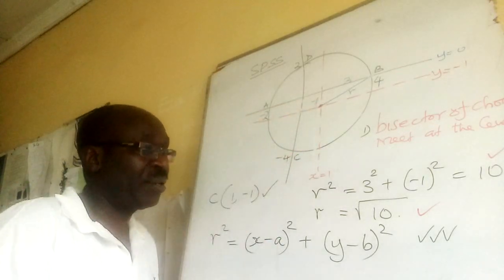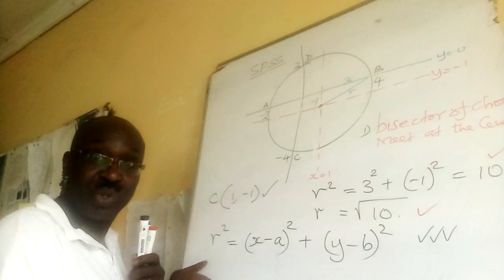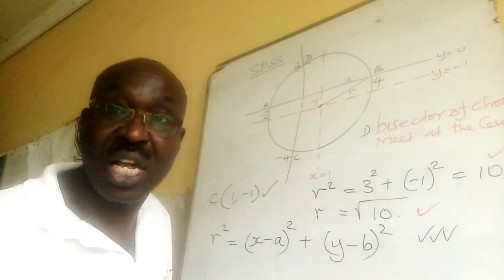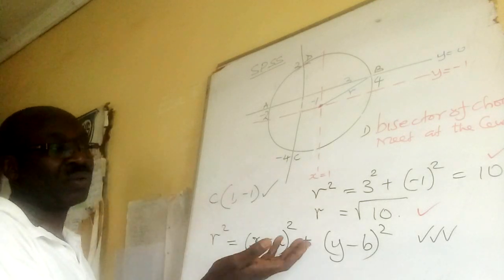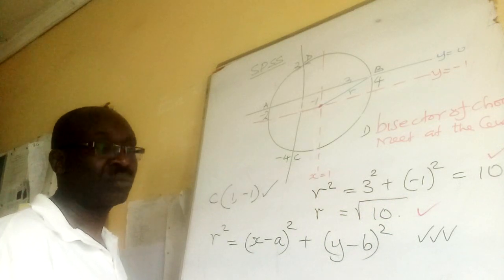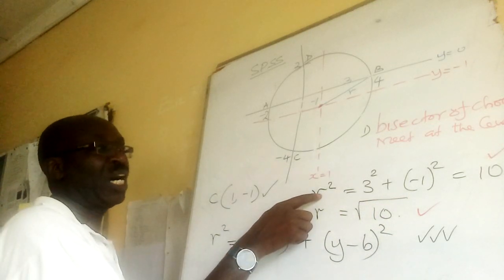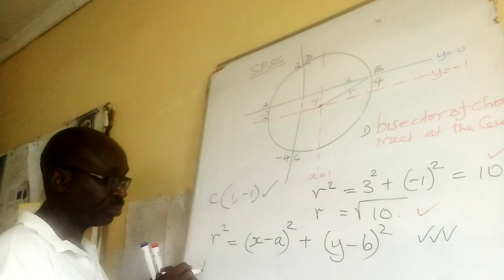My center is here. This center, when you put it in the equation, it is opposite sign. Radius I know. R is square root of 10. So what is r squared? R squared is 10. So I put here 10.